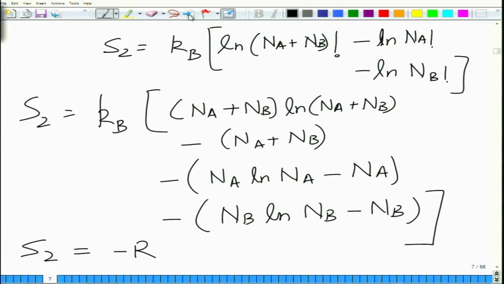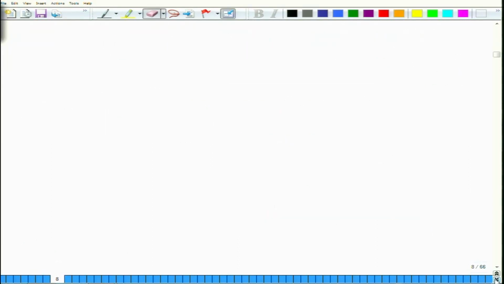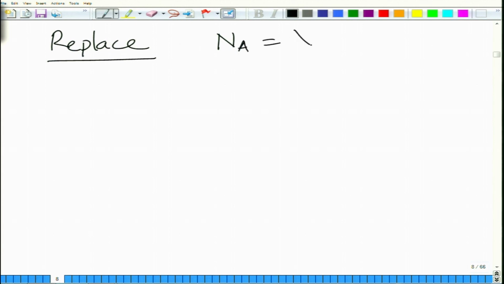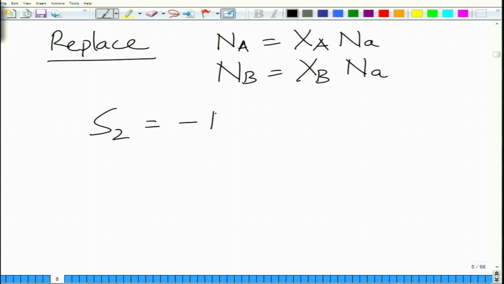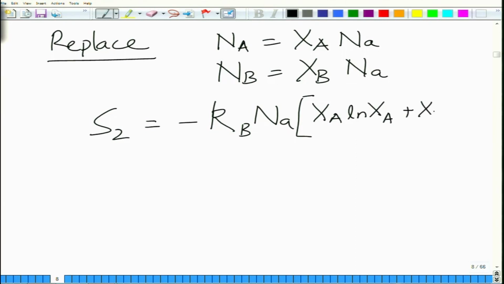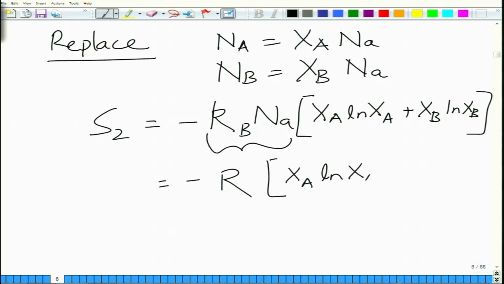And if you solve it, what you will get is, in the above expression, replace Na as Xa N_A and Nb as Xb N_A, Avogadro's number, and you will get S2 as Kb N_A into minus of Xa ln Xa plus Xb ln Xb, and this I know is R. So, this will be minus R (Xa ln Xa plus Xb ln Xb).